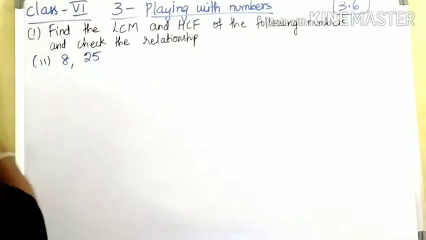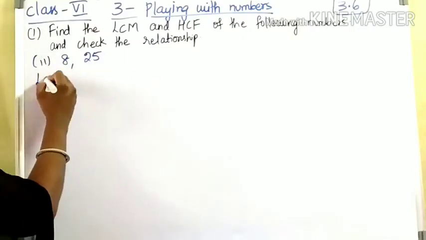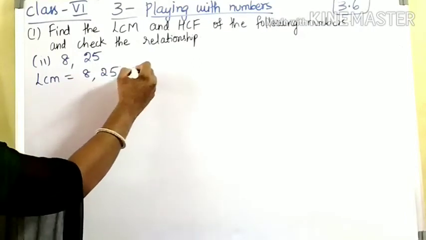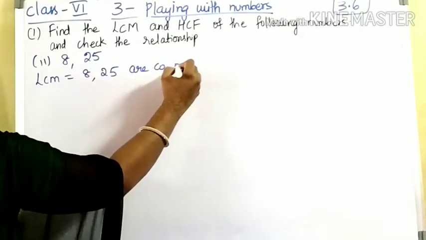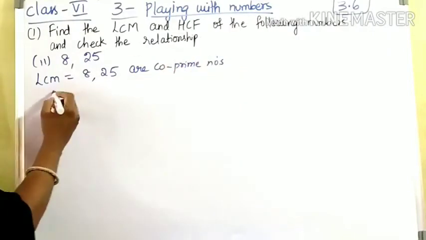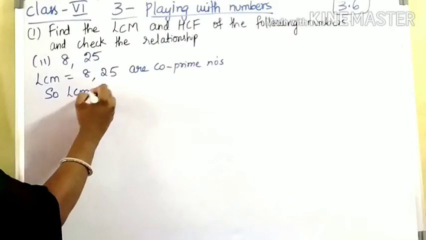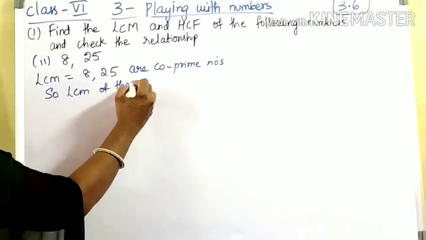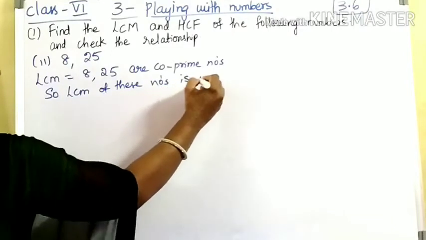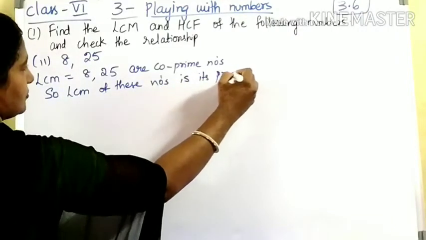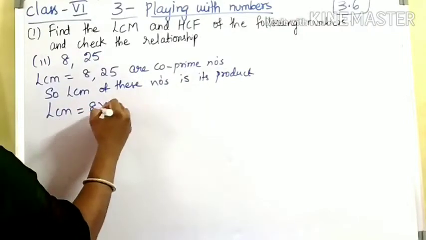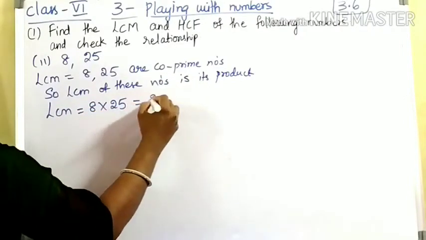So we will check the relation here. Okay. Coming to the LCM, 8 and 25 are co-prime numbers. Right. So the LCM of these numbers is its product. That is, the LCM is 8 into 25, that is, you will get 200.